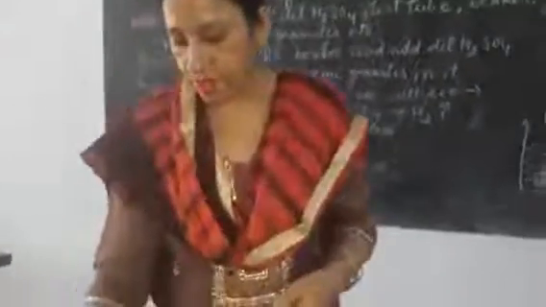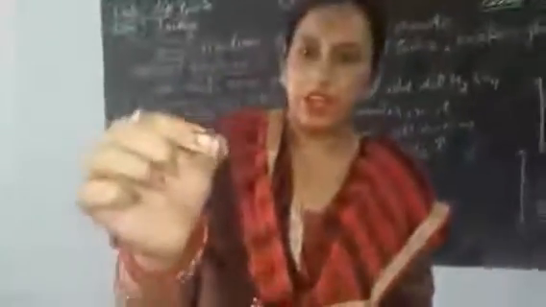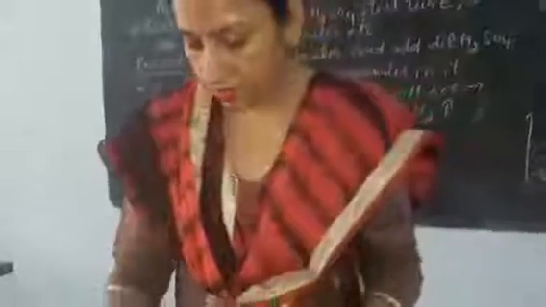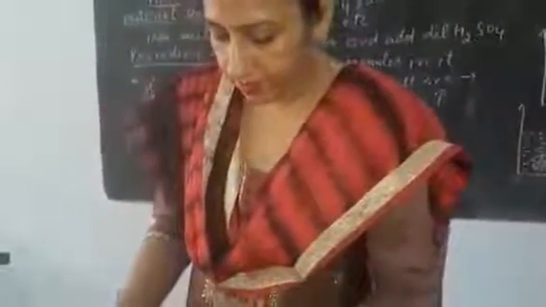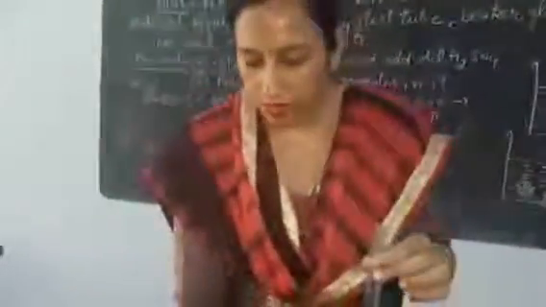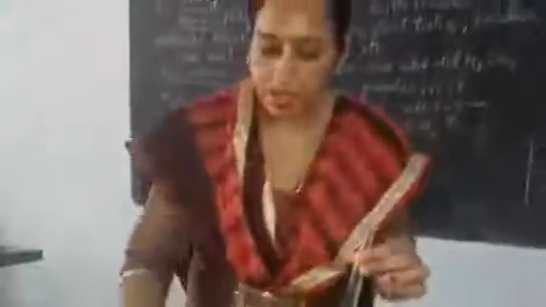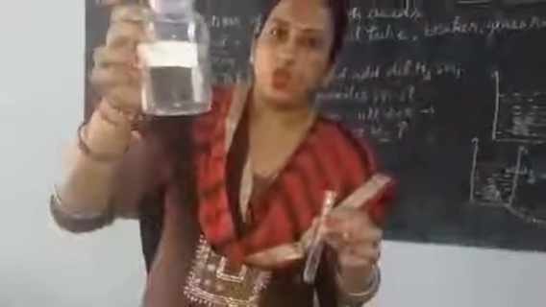Okay, so let's perform this activity. First of all, we have iron nails. We take some iron nails, and this is H2SO4 sulfuric acid.